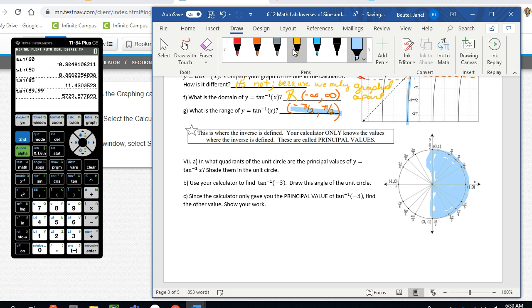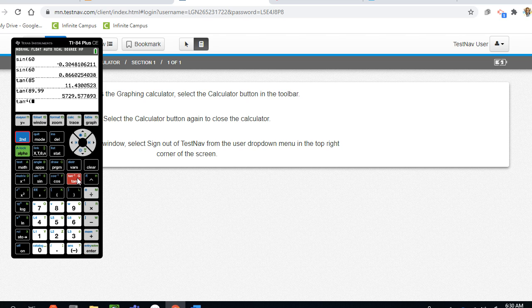Use your calculator, find inverse tangent of -3. Okay, so I'm going to do inverse tangent of -3: second tan, -3, enter. 71.56 degrees, so -71.